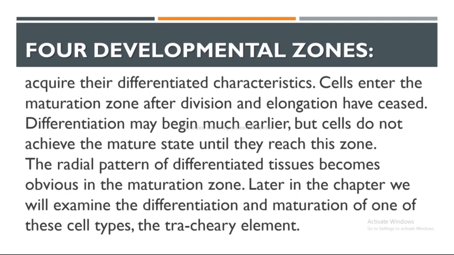Differentiation may begin much earlier, but the cells do not achieve the mature state until they reach this zone. The radial pattern of differentiated tissues becomes obvious in the maturation zone, and later in the chapter we will examine the differentiation and maturation of one of these cell types, the tracheary element.